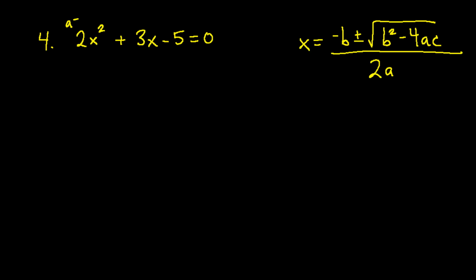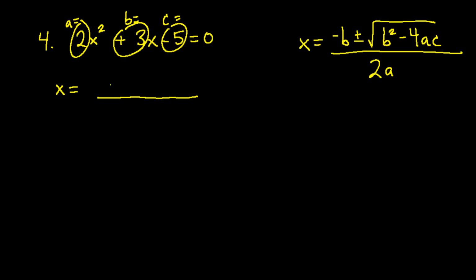Our a value is the 2, our b value is positive 3, and our c value is negative 5. We're going to substitute that in first and then simplify the fraction. So negative b goes in the numerator.